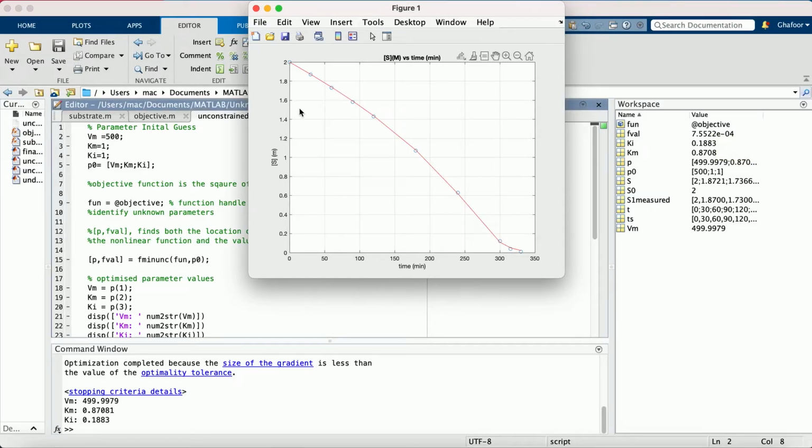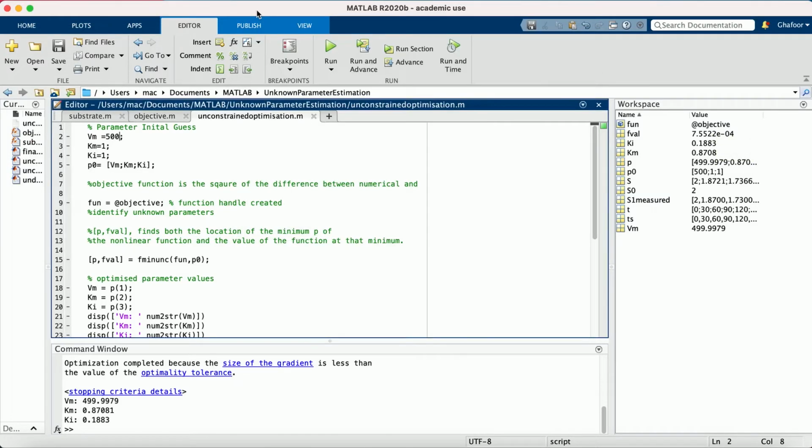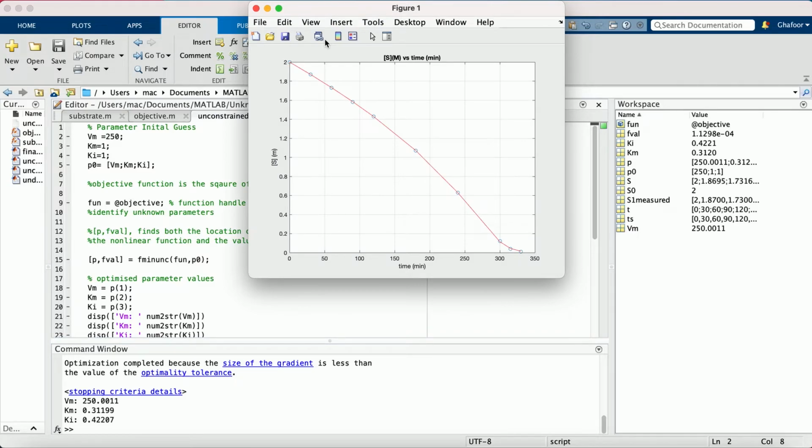But how do we know that this is the best guess? We continue with the trial and error approach and manipulate these initial guesses to see if we can change this any further. Let's try 250. We can see our fval now is 1.1298 times 10 to the minus 4 in our workspace here.